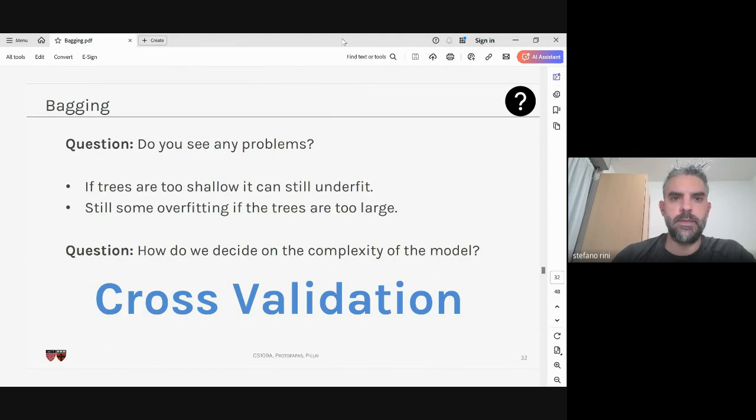So this is bagging. Let's do another set of slides. Just a second. We just discussed bagging. Let me find it. I prepared the slides and then, of course, I messed up. Okay, bagging part 2.